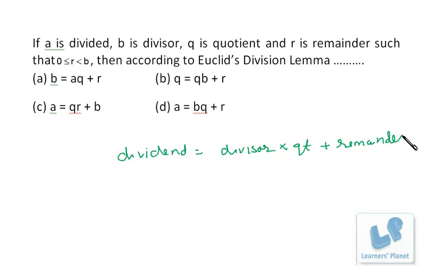So I just put up the values over here. Dividend is equal to A, divisor is equal to B, quotient is Q and remainder is R. That means A is equal to BQ plus R. So A is equal to BQ plus R.